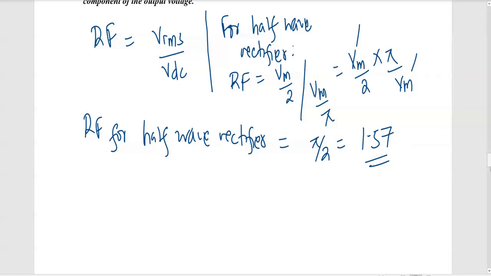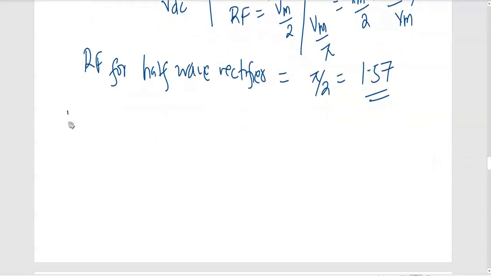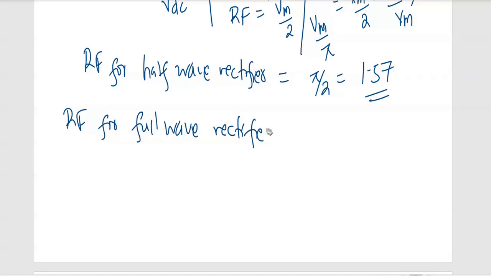Let's look at the ripple factor for a full wave rectifier. We know that this is VRMS over VDC. VRMS for a full wave rectifier is Vm divided by root 2.